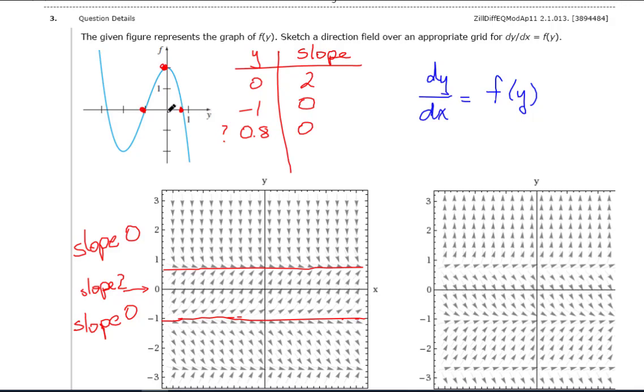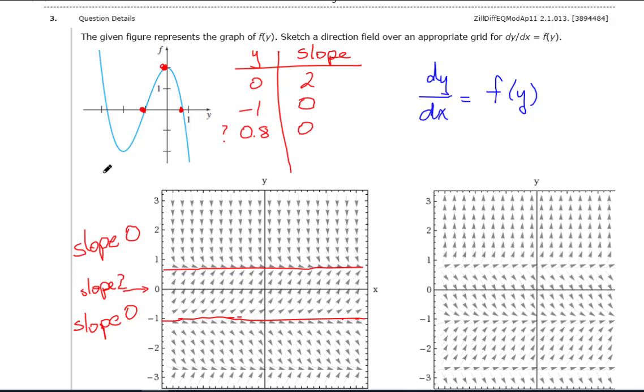Well, when y is 0, the slope there is 2. When y is -1, the slope is 0. And when I've got something under 1, I don't know, 0.7, 0.8, the slope there is again 0.